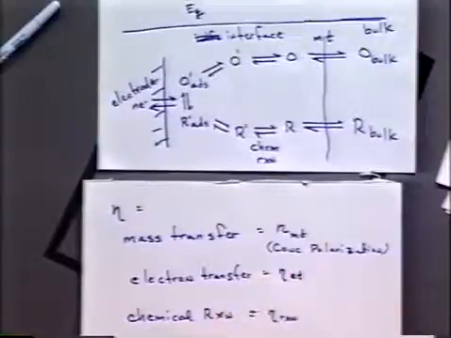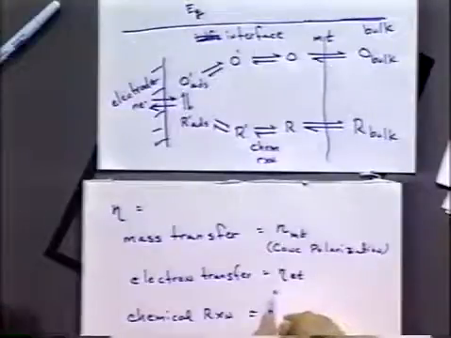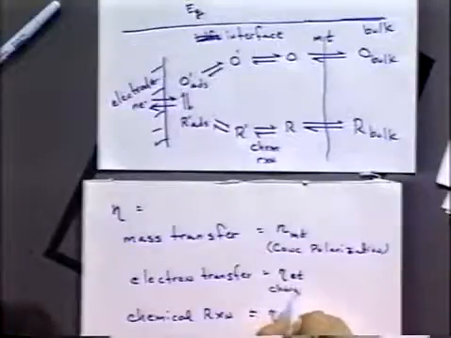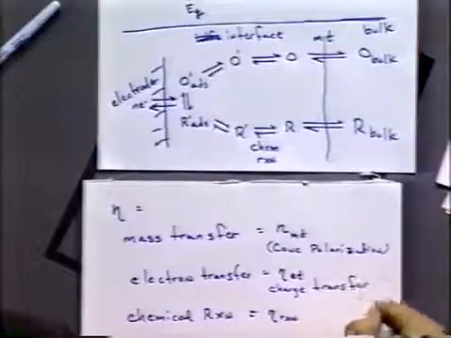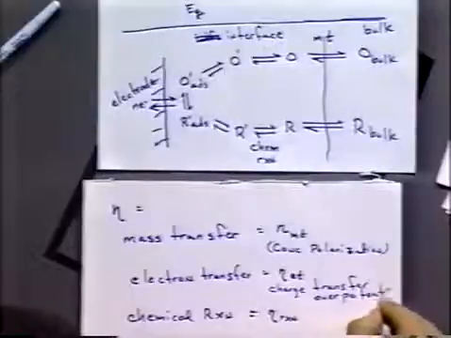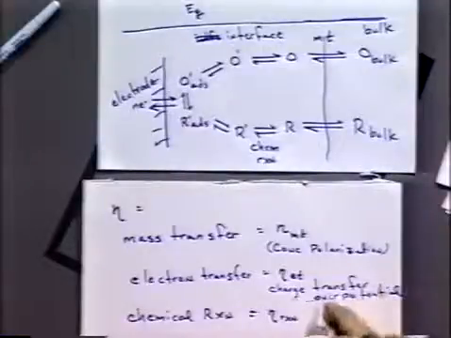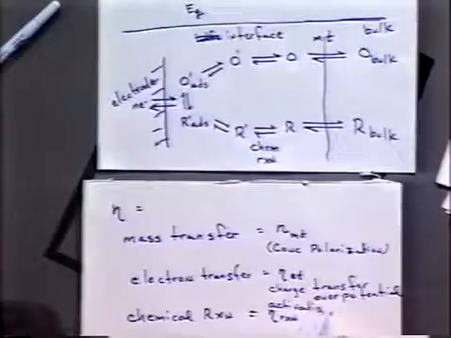And that refers to the fact that by varying the mass transfer rate, we can change the polarization amount. The electron transfer one is also referred to as charge transfer overpotential, or activation polarization.